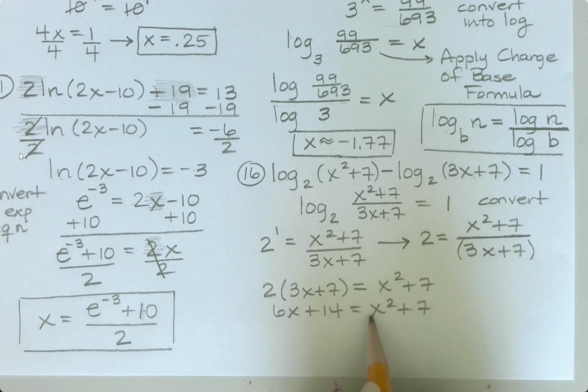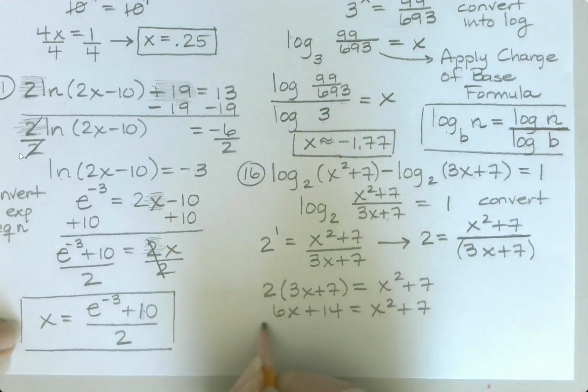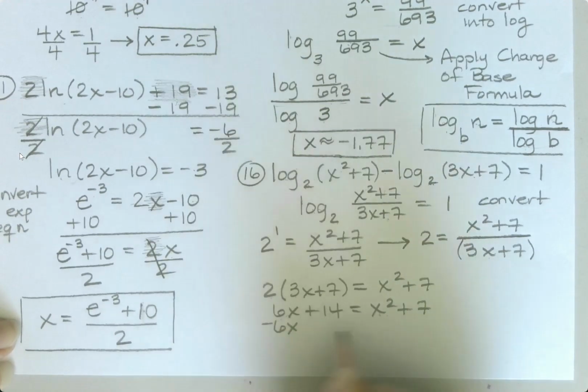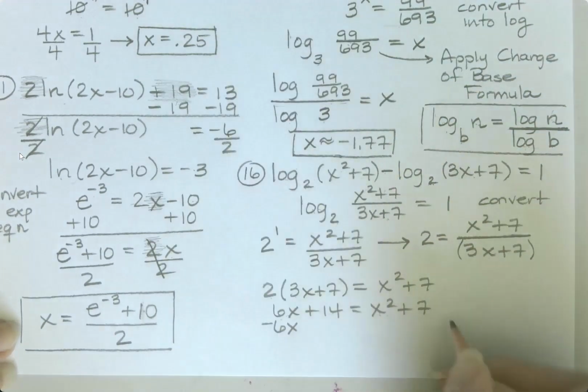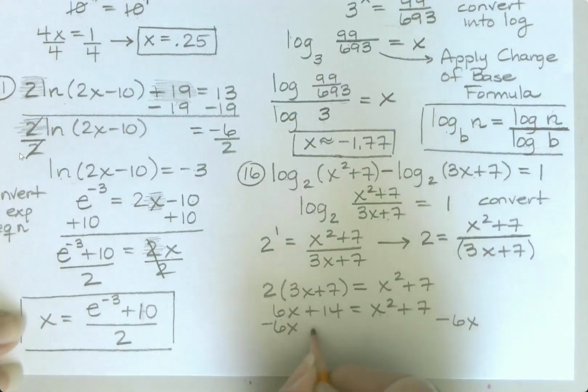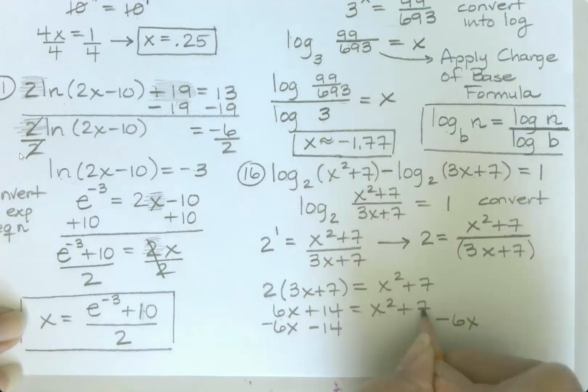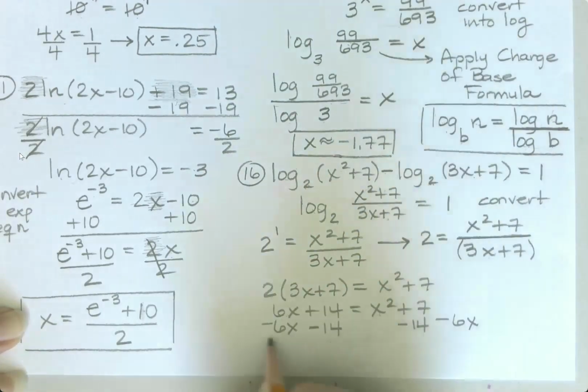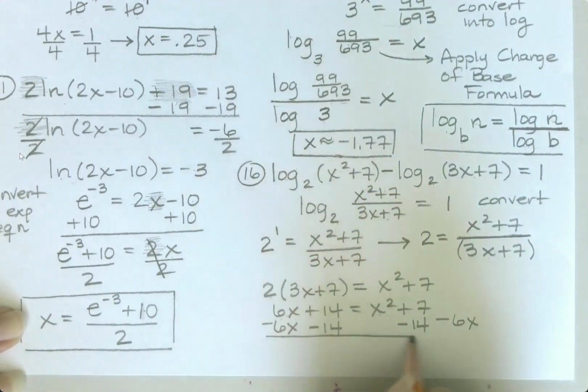It's positive. It has a coefficient of 1, so I don't want to move this. It's exactly how I want it. This 6x needs to subtract on both sides. Since there isn't any x terms on this side, I'm just going to put minus 6x over here underneath my invisible 0. This positive 14 needs to move, so I need to undo it. I'm going to undo it under the positive 7 because it is a constant. I need to keep my like terms together.